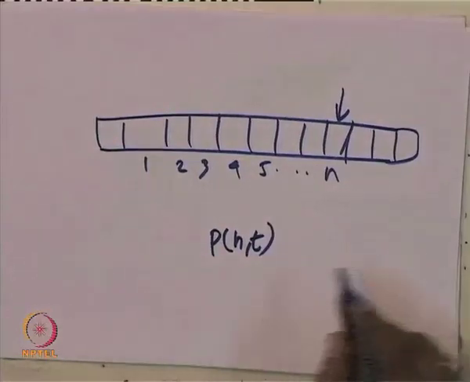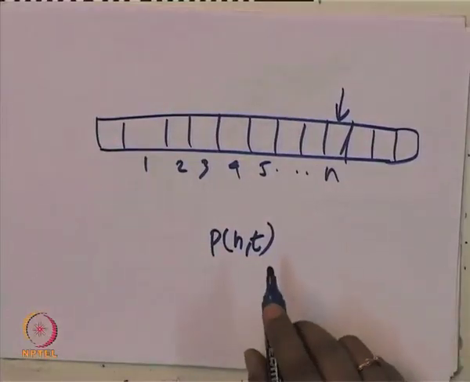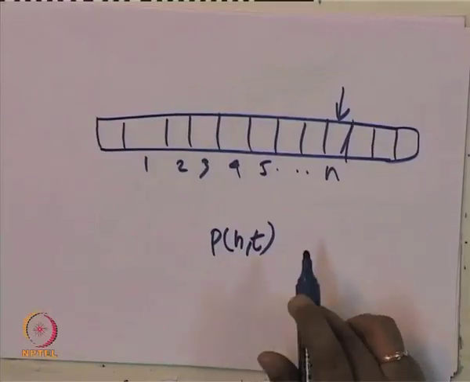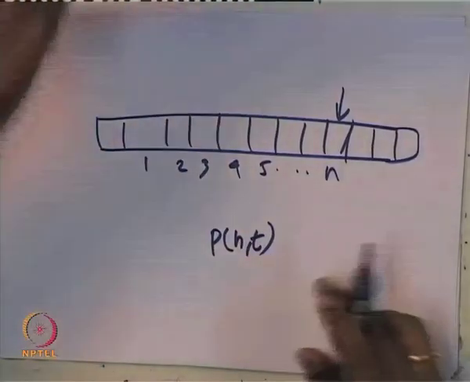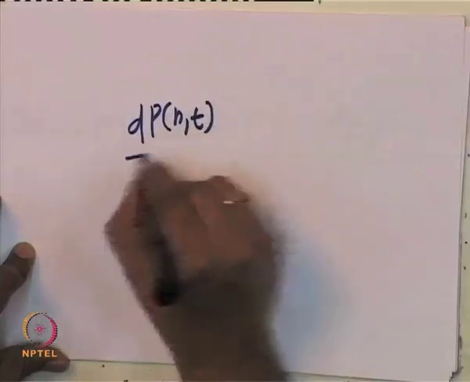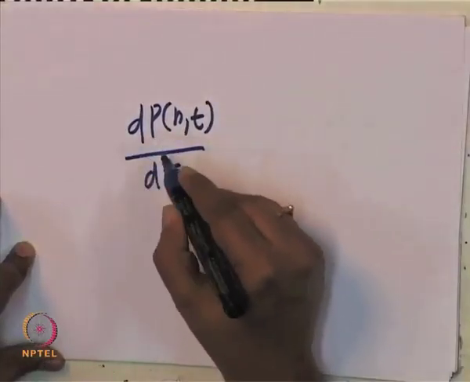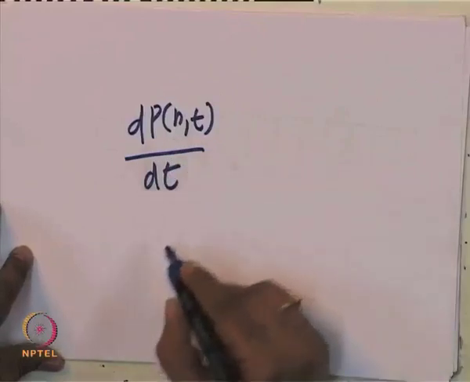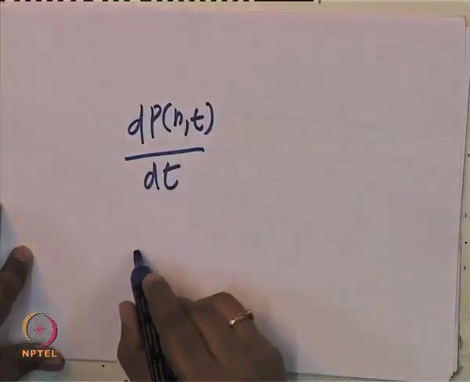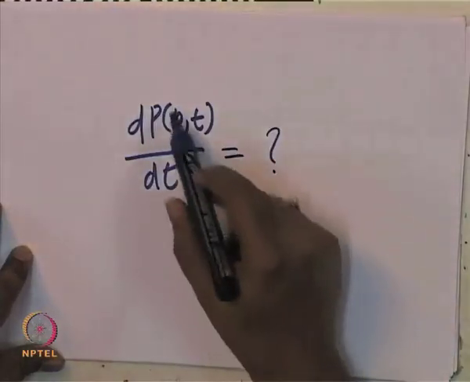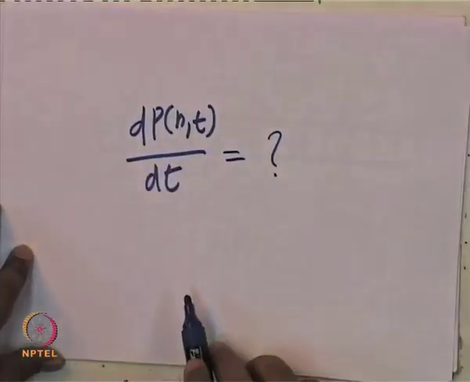Now, how does P(n,t) change? We can write dP(n,t)/dt, the change in probability. How does the probability change with time?